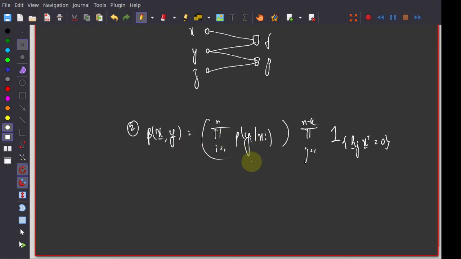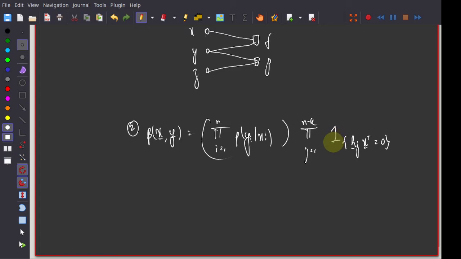Right? So how many variables do we have? Two n variables. Each, so you have x1 through xn and y1 through yn. Okay.